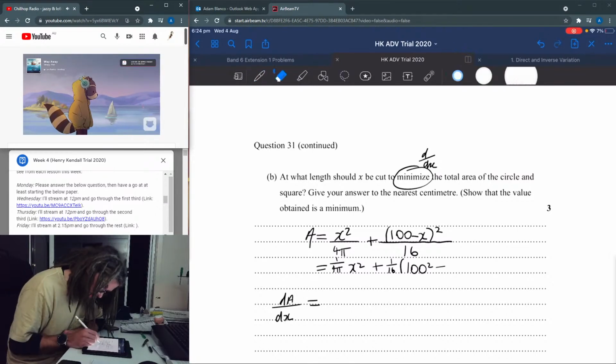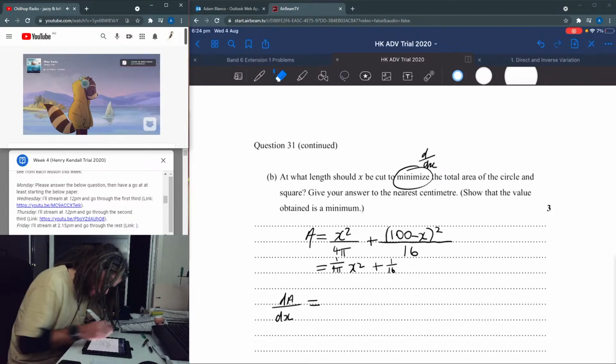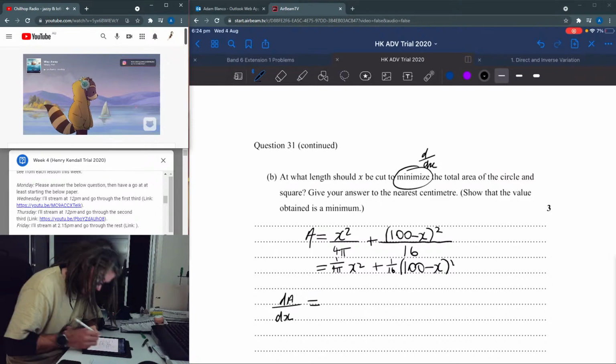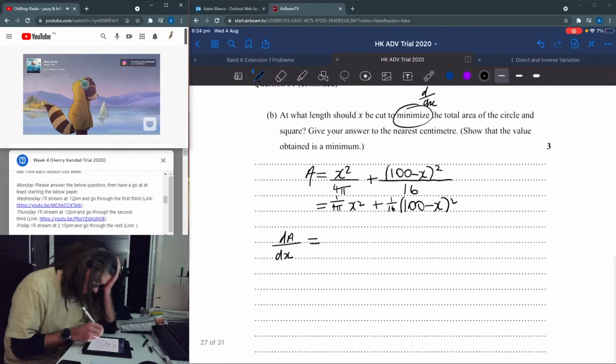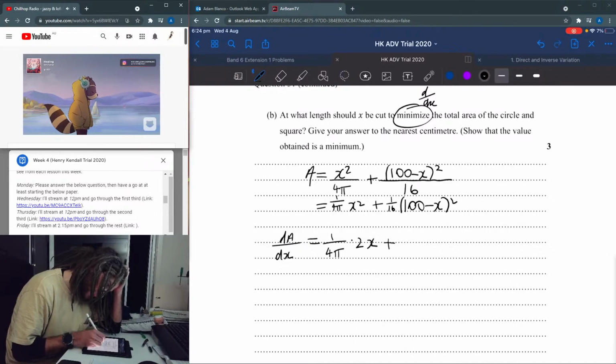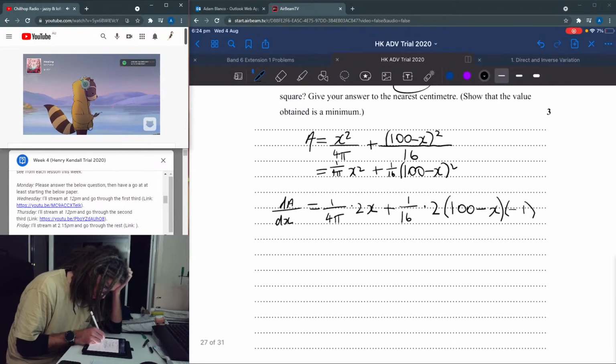I don't need to do that. Don't worry about what I'm doing. Just use the chain rule. Okay. So the derivative is 1 on 4 pi times 2x plus 1 on 16. Now, bring the 2 down, leave the middle, times by the derivative of the middle, which is minus 1, and I simplify.